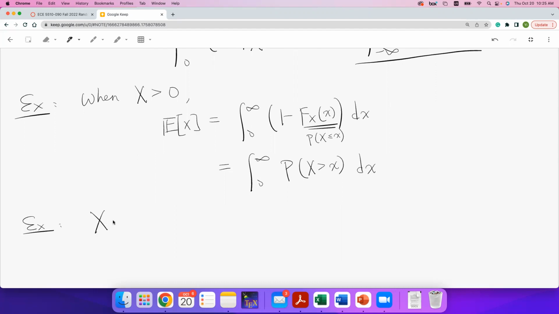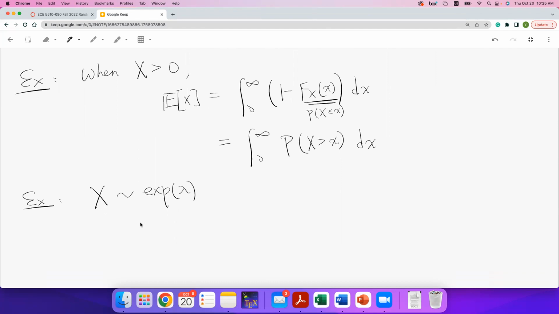For example, if we consider a positive random variable that is exponential with parameter lambda, the corresponding PDF is specified by the exponential distribution.